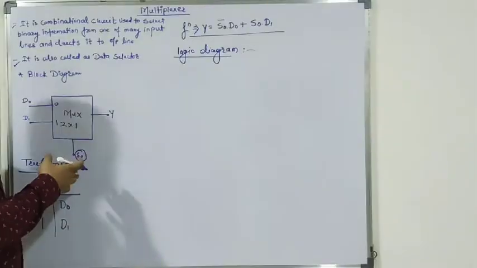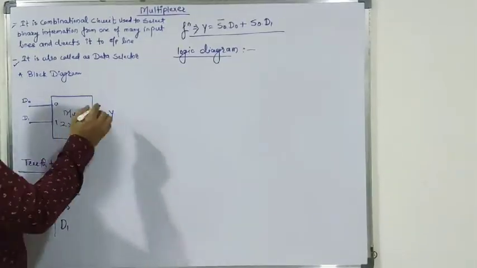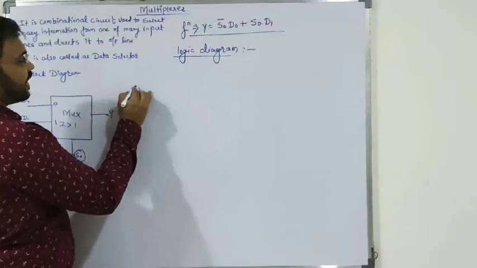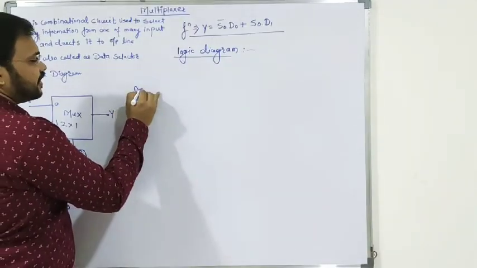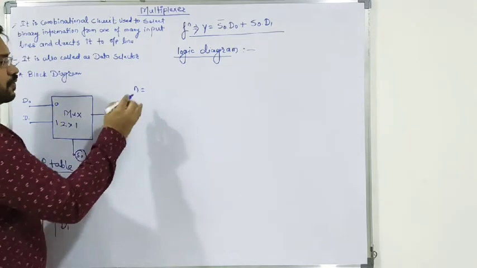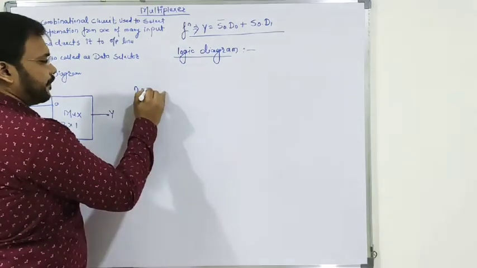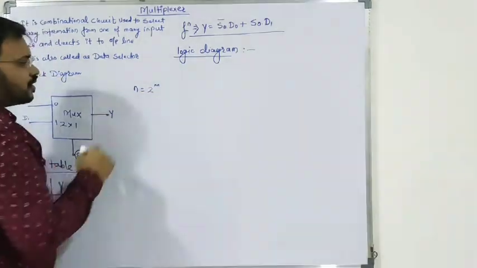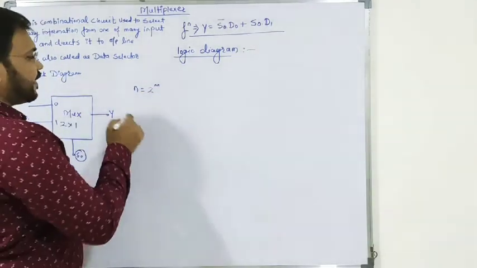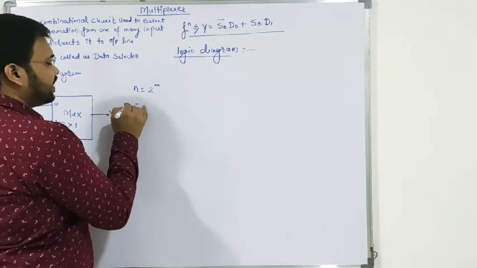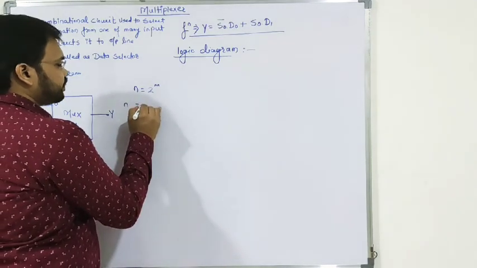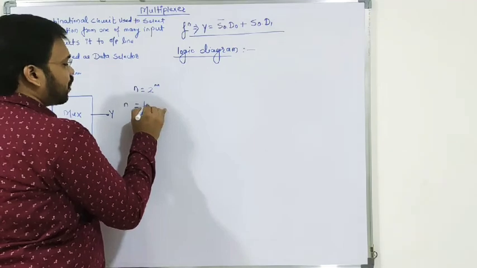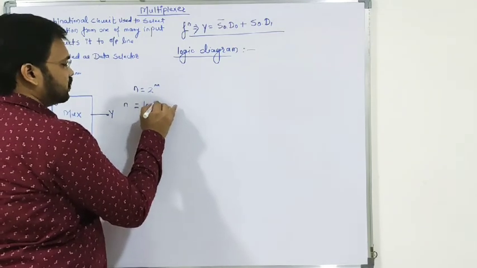In a multiplexer with n select lines, the number of inputs m is 2 raised to power n, so n is equal to log of m to the base 2.